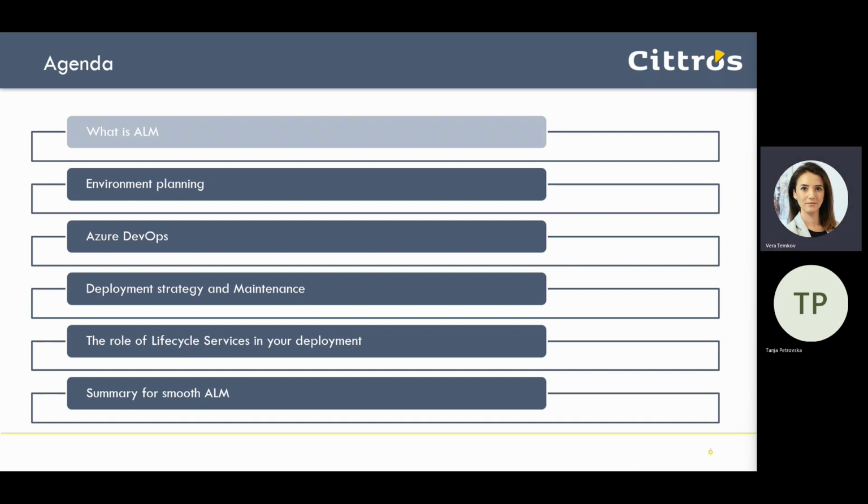Then we will talk about LCS, Lifecycle Services, and its role in supporting your deployment process. And at the end, we will summarize the key facts so you have them ready to use in your AX or D365 FO projects.